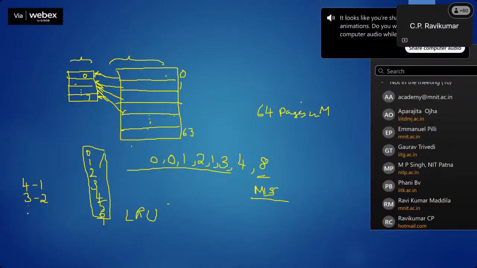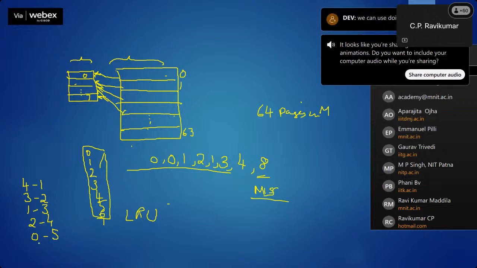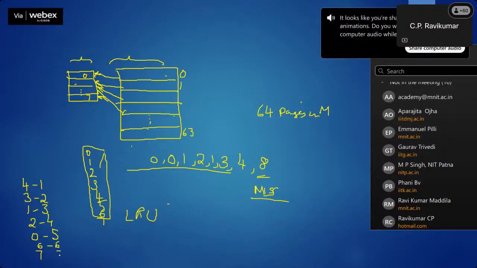Then age of page 1 is 3. Age of page 2 is 4. Age of page 0 is 5. On the other hand, 6 and 7, their ages are 6 and 7. We have not used 6 or 7, so these are candidates for removal. We can remove any one of them.